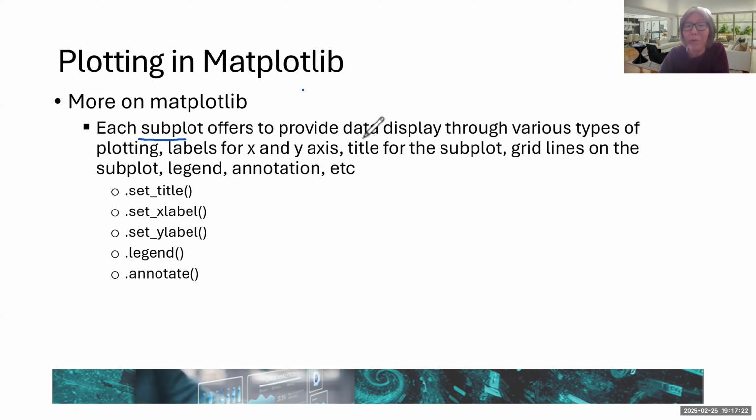Pandas also provides this data display, but matplotlib also lets you do label, title, grid line, legend, annotation. So very rich for your plot. For each, it has a respective method to do that, and we will see that in our examples.